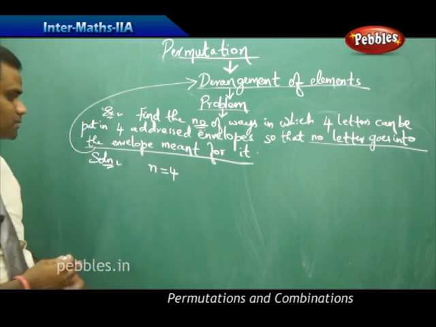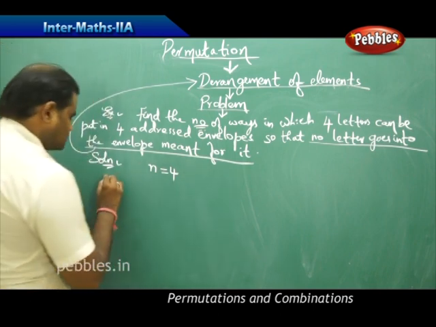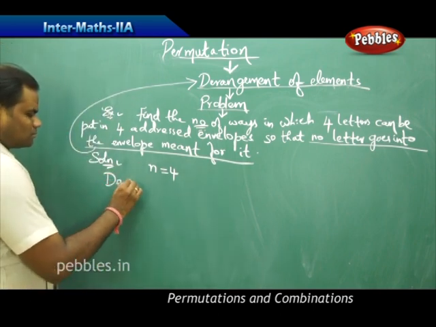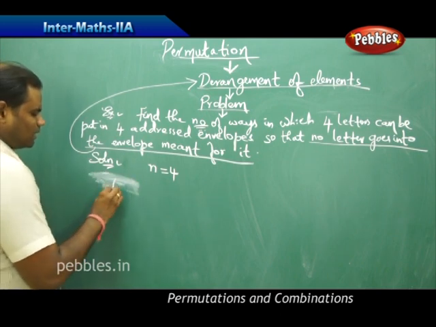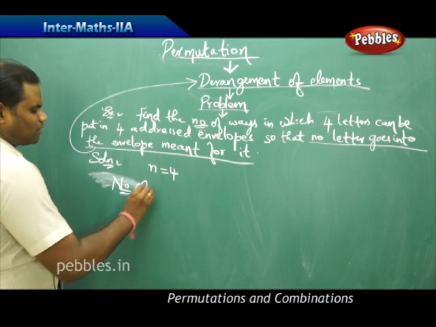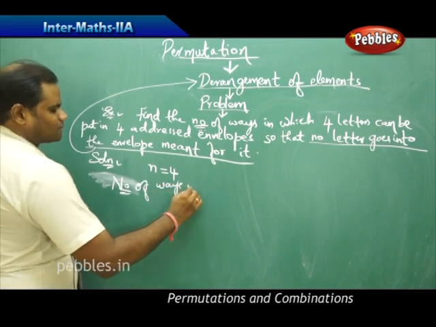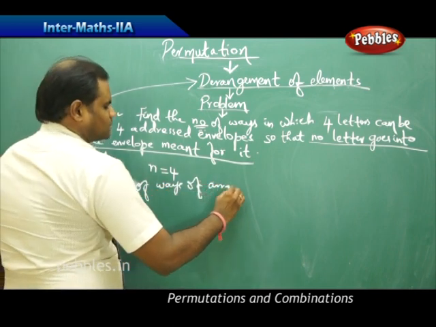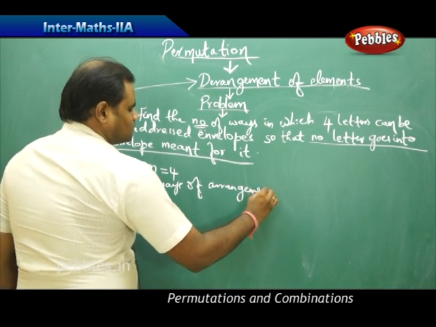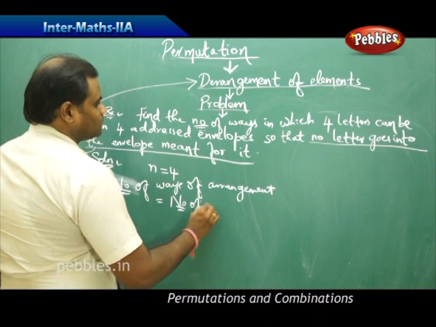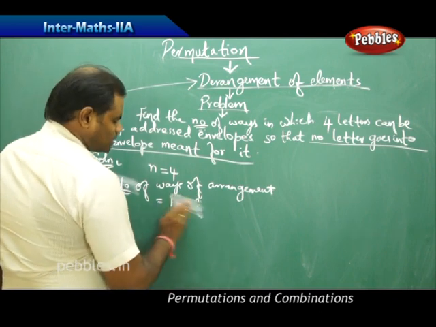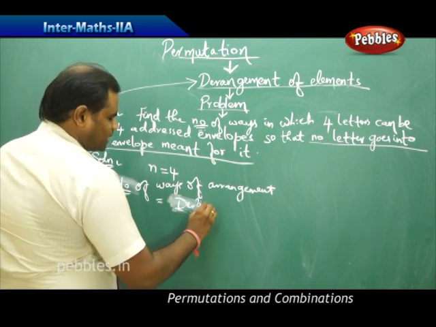4 dissimilar things. That implies the number of ways of arrangement is nothing but the derangement of objects.